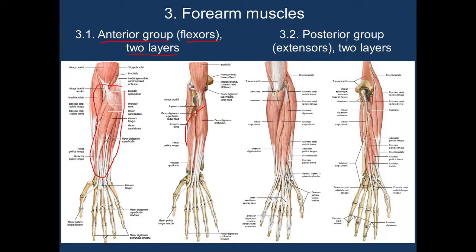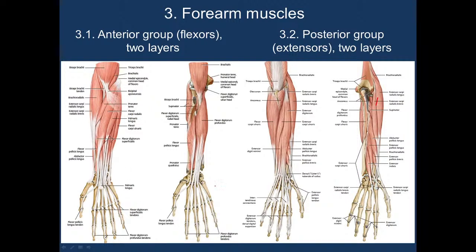The same divisions, the same layers we see on the posterior group. We call them extensors, and extensors have superficial muscles. You see them here. All of these muscles are superficial, and deep muscles.